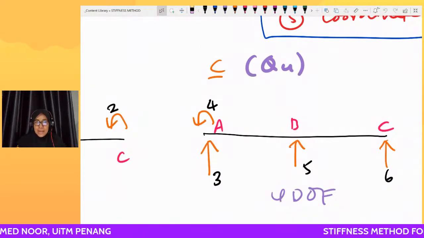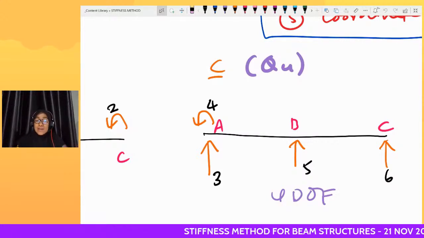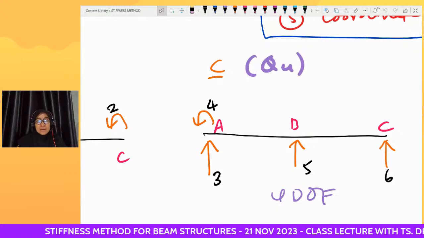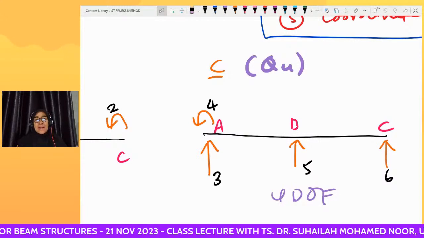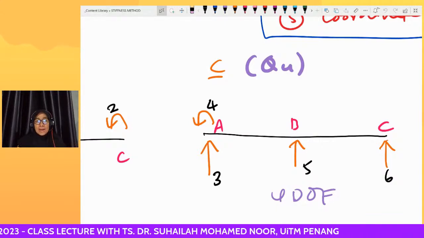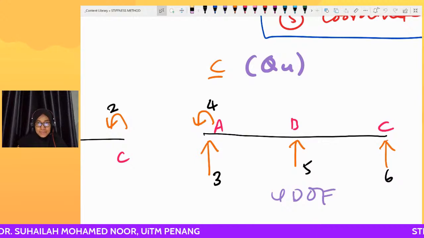There are two at A because A is fixed, so we don't consider AX as a degree of freedom. We just consider AY, and Z is the reaction MA at support A.